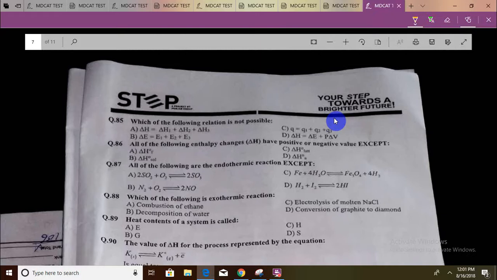And if you take a look at the thermochemistry topic, in the starting ones they've given some expressions like delta H is equal to delta E plus P into delta V. So this is all right. This is completely fine.